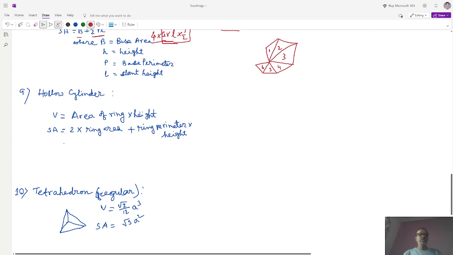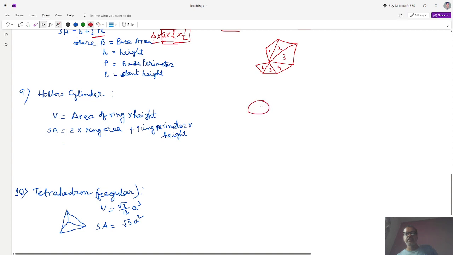Now, hollow cylinder. If we stack rings one by one, then we will get a hollow cylinder, right? In our practical daily life, the hollow cylinder is like a pipe.